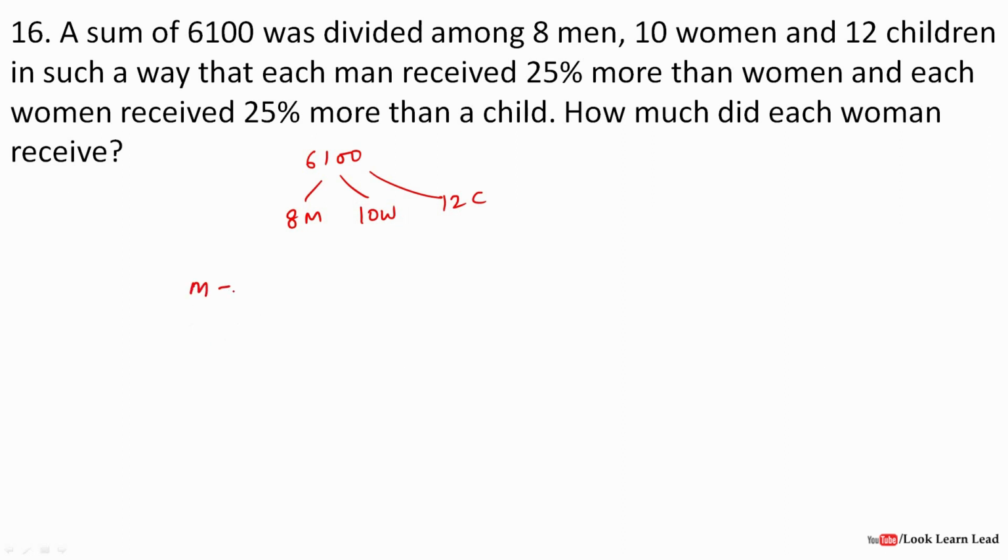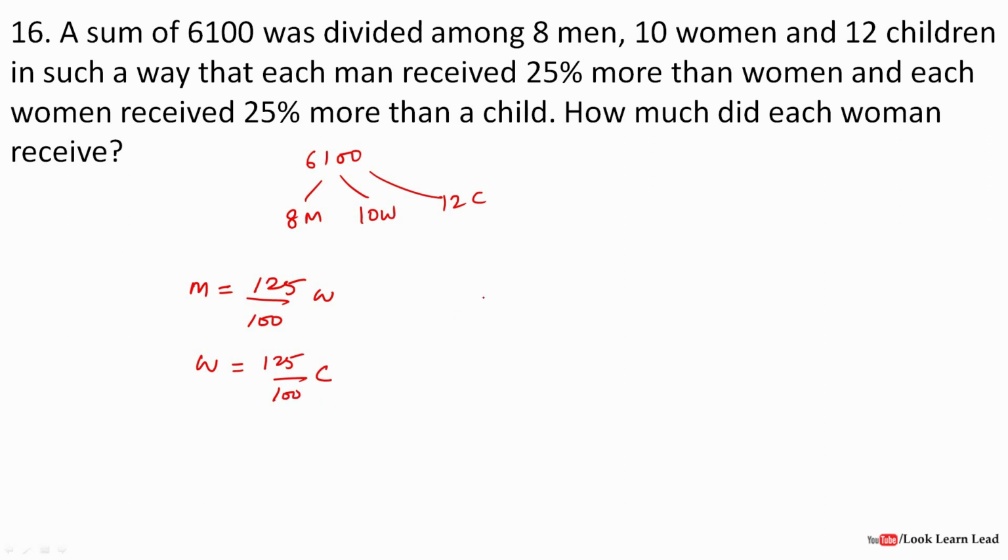So I'll write men receive 125 of 100 women, and each woman receives 25% more than a child. So woman is 125 upon 100 of a child.